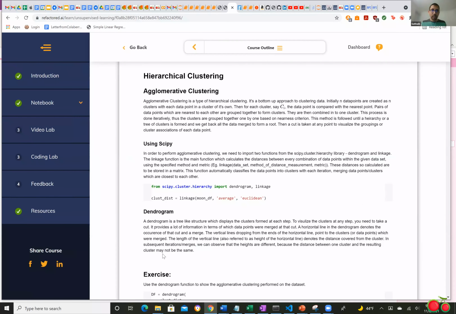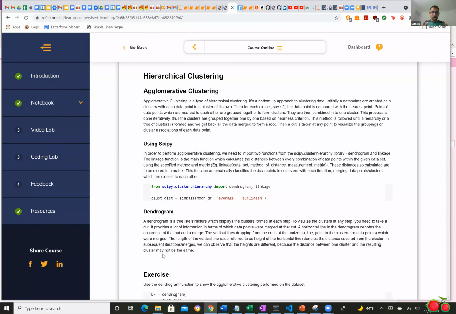Here in hierarchical clustering or agglomerative clustering, you don't do that. Instead, when you run hierarchical clustering or agglomerative clustering on a data set, it comes up with this dendrogram.